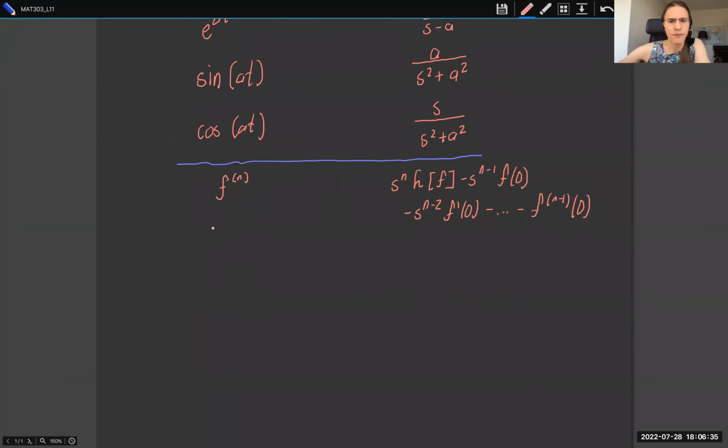Then if we have some power of t to the n times f, well, this requires calculating a higher order derivative, and so it's a bit annoying. This is the rule that has a minus 1 to the nth power times d^n/ds^n of the Laplace transform of f.